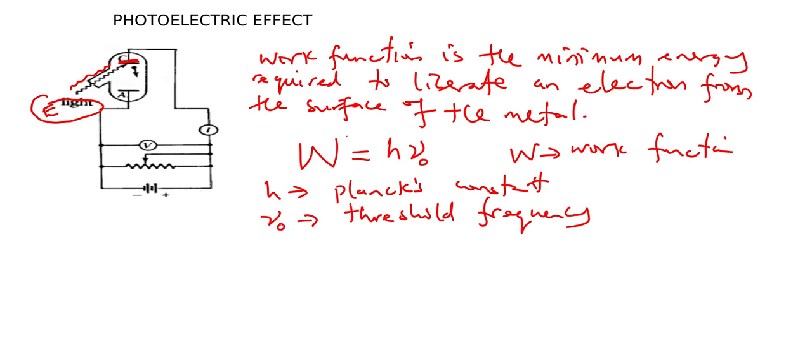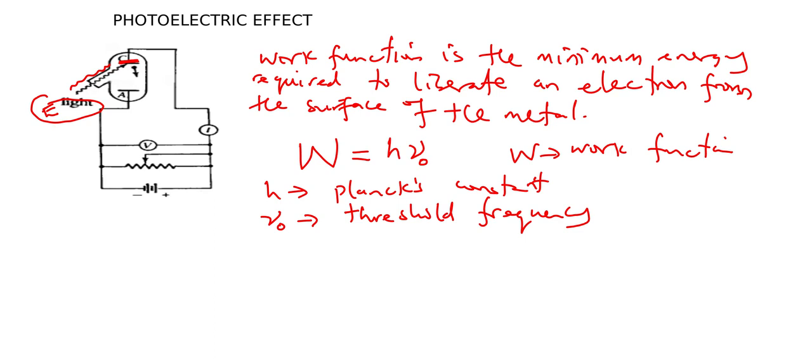So the work function is related to the threshold frequency. Let me explain again. The work function is the minimum energy that you require to liberate an electron from the surface of a metal. And the photoelectric effect is concerned with liberating electrons from the surface of a metal when light of sufficient energy is incident on the surface of that metal.